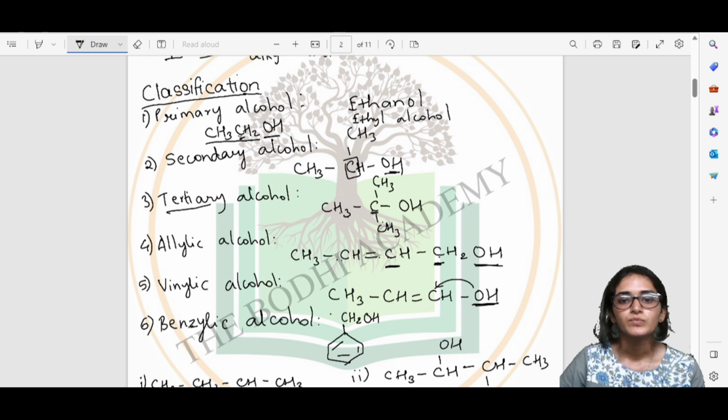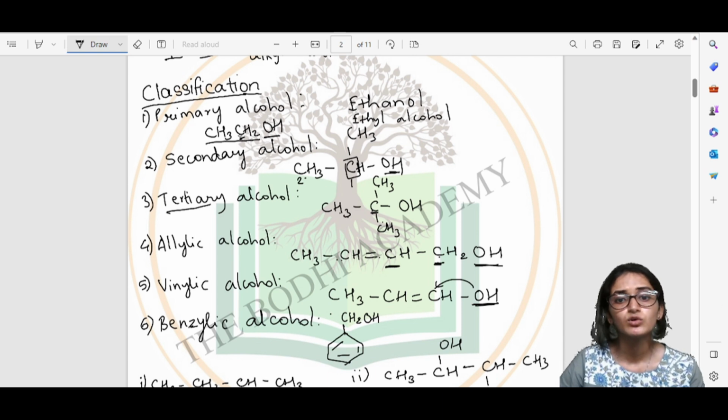First we have to select the longest chain of carbon. So this is the longest chain, there are 2 carbons. We number this carbon as 1, this carbon as 2. Whenever we have a 2 carbon chain, we call it ethane.